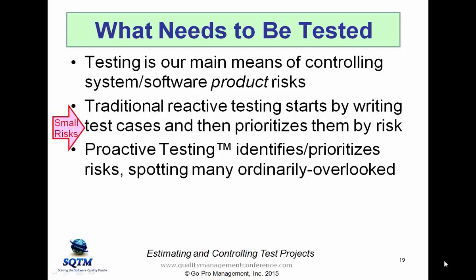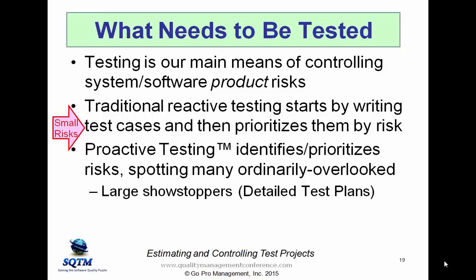Reactive testing tends to create tests and then analyze and prioritize those tests based upon the risks they address. Proactive testing starts by identifying the risks and using powerful techniques that help spot many ordinarily overlooked risks, especially the large risks that when they are overlooked turn into showstoppers.